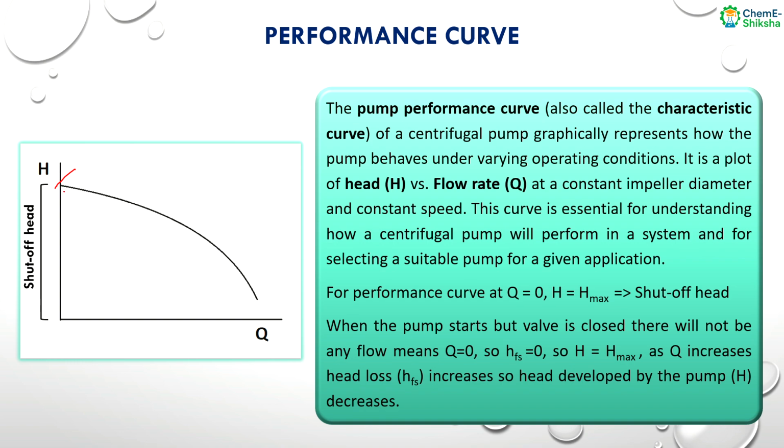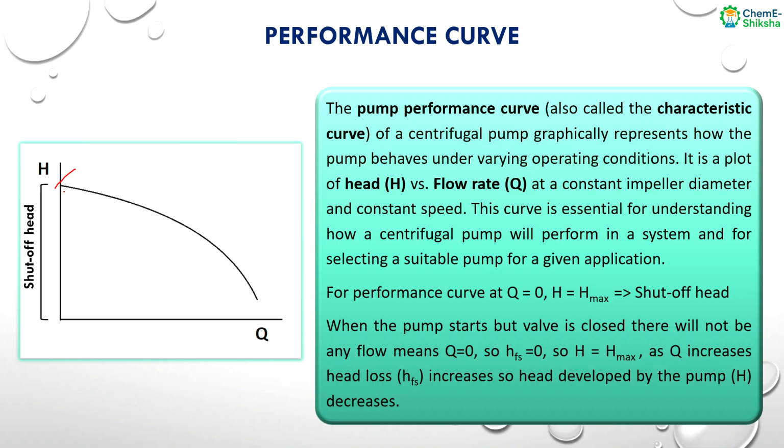After this shut-off head, as Q increases, V also increases because Q equals A into V. As V increases, HFS, which is directly proportional to V square, also increases. As the frictional head loss increases, the head developed by the pump decreases.